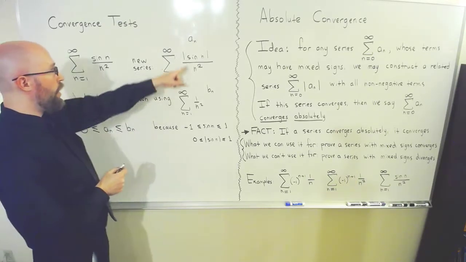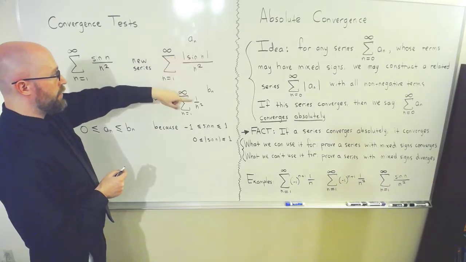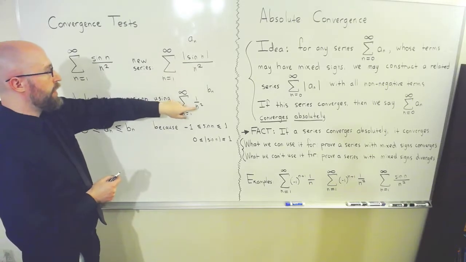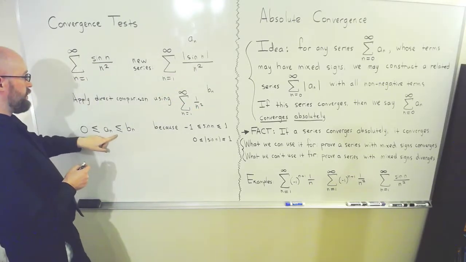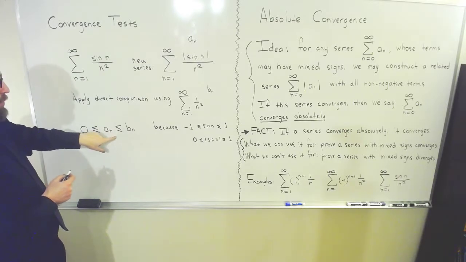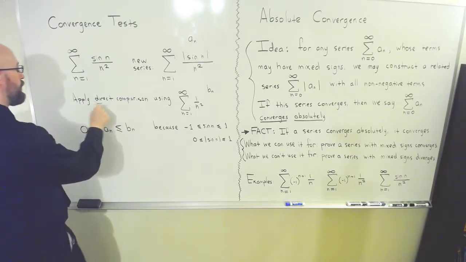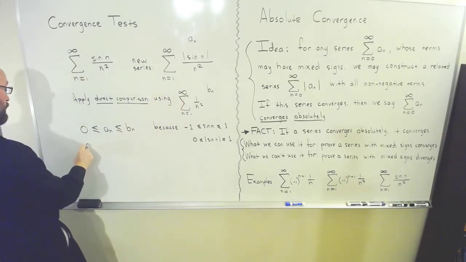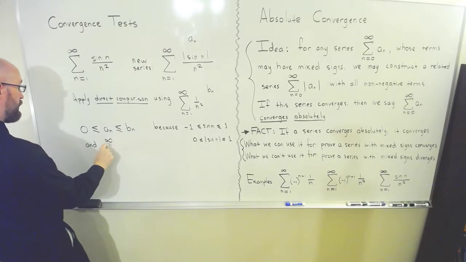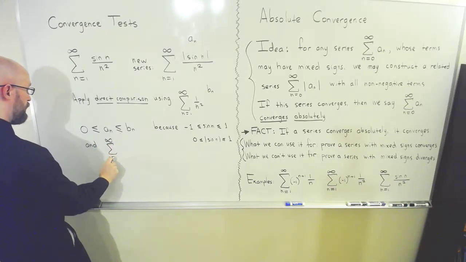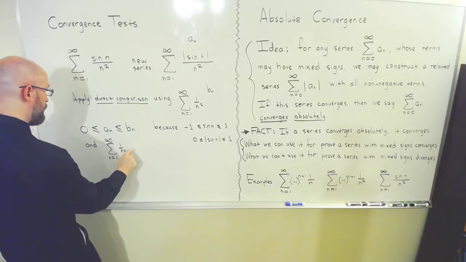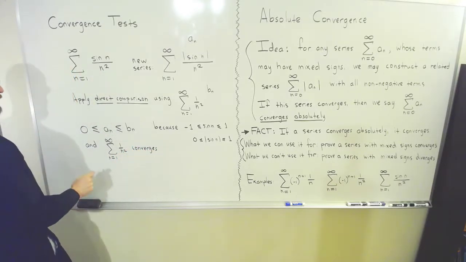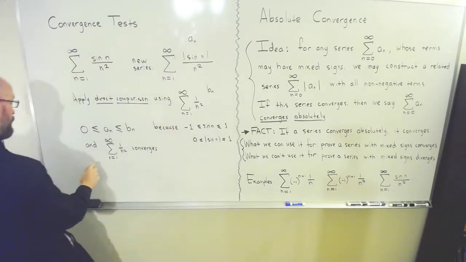And so when I take 1 over n squared, this is always at least as big as what this is. That's the point. The b_n is always at least as big as the a_n. And so I have the hypothesis that's necessary for direct comparison here. And I know this second one converges. So I can conclude that this one converges.